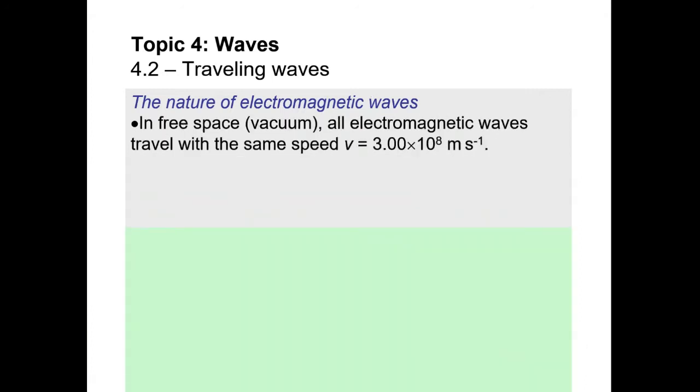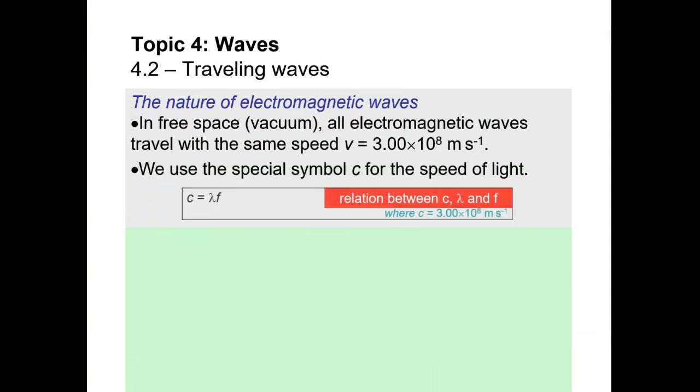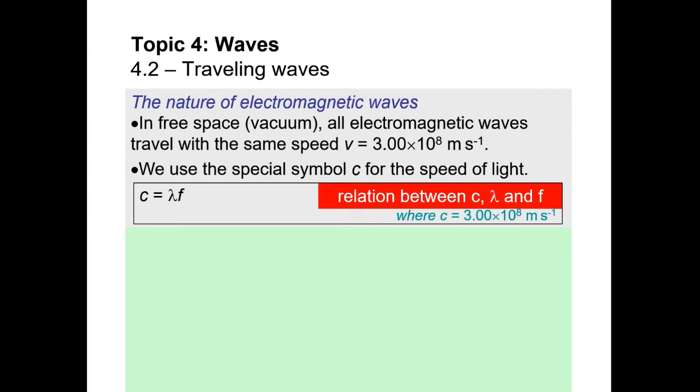In free space, all electromagnetic waves travel with the same speed of light, 3 times 10 to the 8 meters per second. We use the special symbol c for the speed of light. c equals lambda f, where c is the speed of electromagnetic waves, lambda is the wavelength, and f is the frequency.